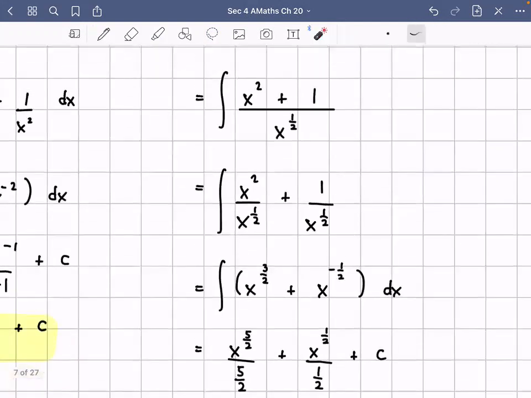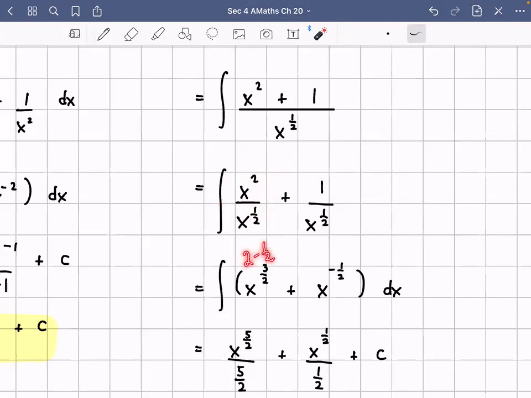And then, how do you divide this? This is what happened here. When you divide this, what do you do with the indices? It becomes 2 minus 1/2, right?